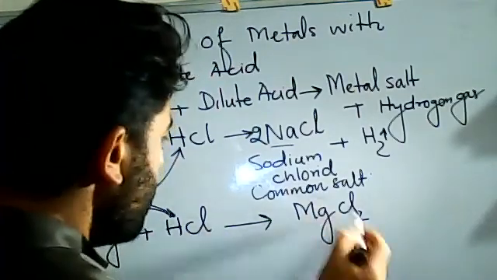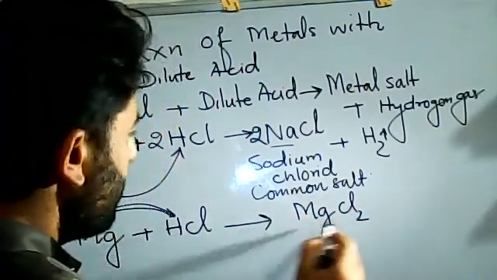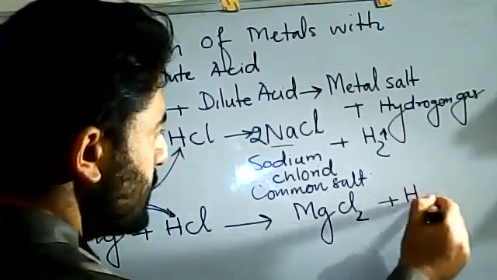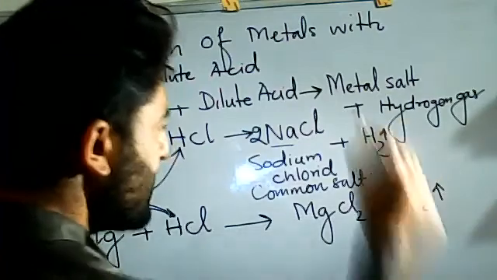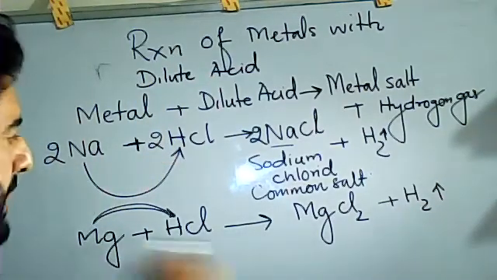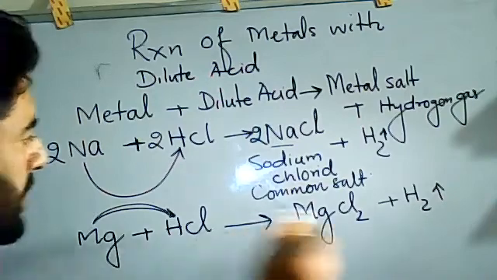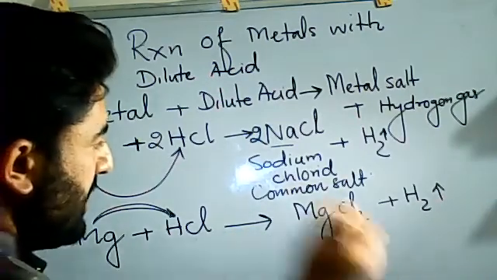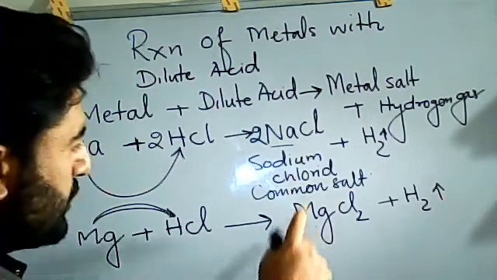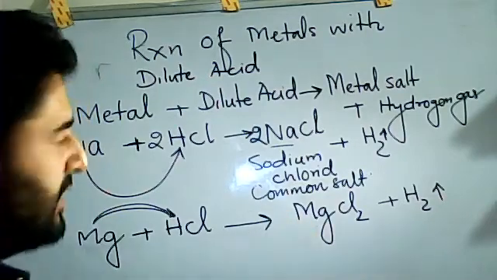So magnesium displaces hydrogen, forming magnesium chloride, and hydrogen gas will also be liberated. Now we are seeing there is a single magnesium, a single chlorine, but there is MgCl2. Two chlorine atoms are utilized to form a molecule of salt.